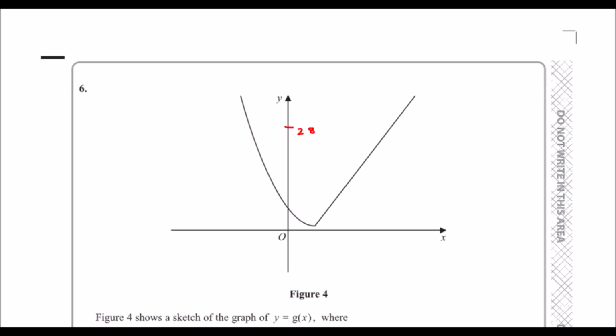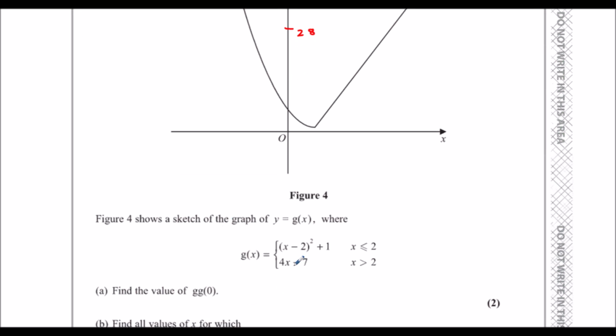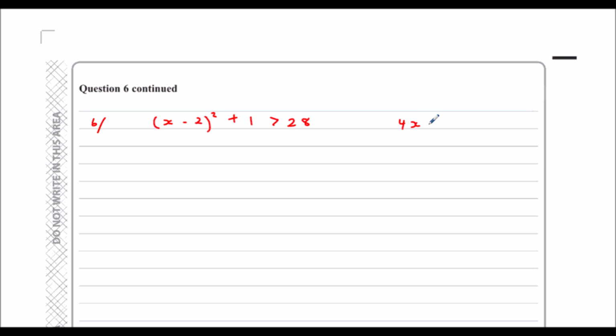So for part B, we've got x minus 2 squared plus 1, and we want to know where that's bigger than 28. And we want to know where 4x minus 7 is bigger than 28. The linear part is going to be easier, so let's do that first. Plus 7 to both sides. 28 plus 7 is 35. Then divide both sides by 4. So x is bigger than 35 over 4.